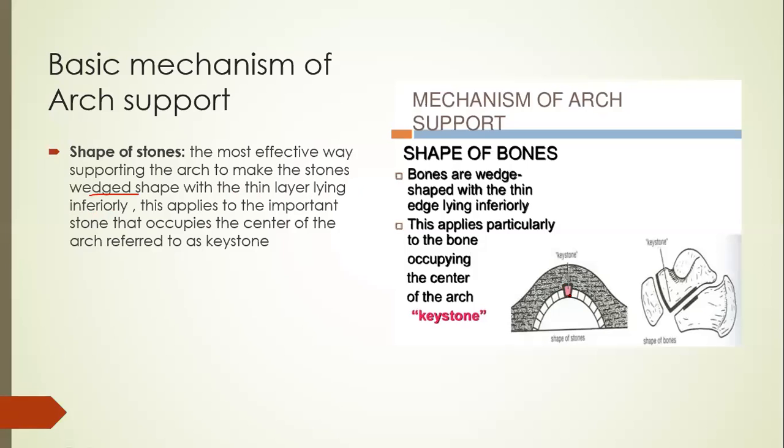We can call it the apex inferiorly. This applies to the important stone that occupies the center of the arch, referred to as a keystone. Now, this is the keystone, the most important one.